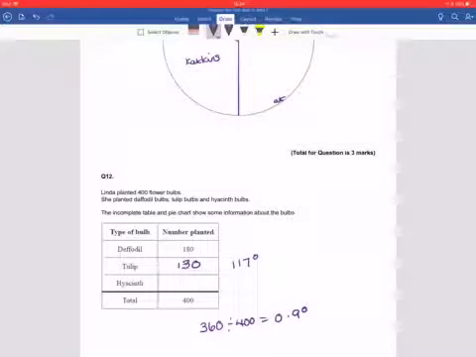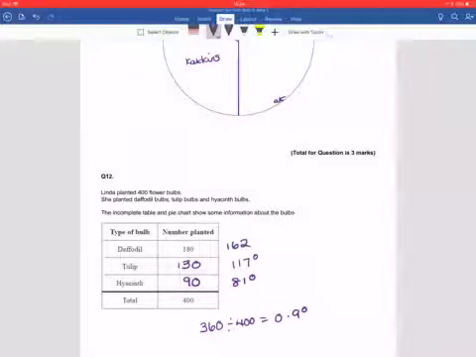So looking at that, I can then do 130 plus 180, 310. So 400 minus 310 is 90. Okay, so hyacinths, 90 times 0.9 is 81 degrees. 180 times 0.9 equals 162.